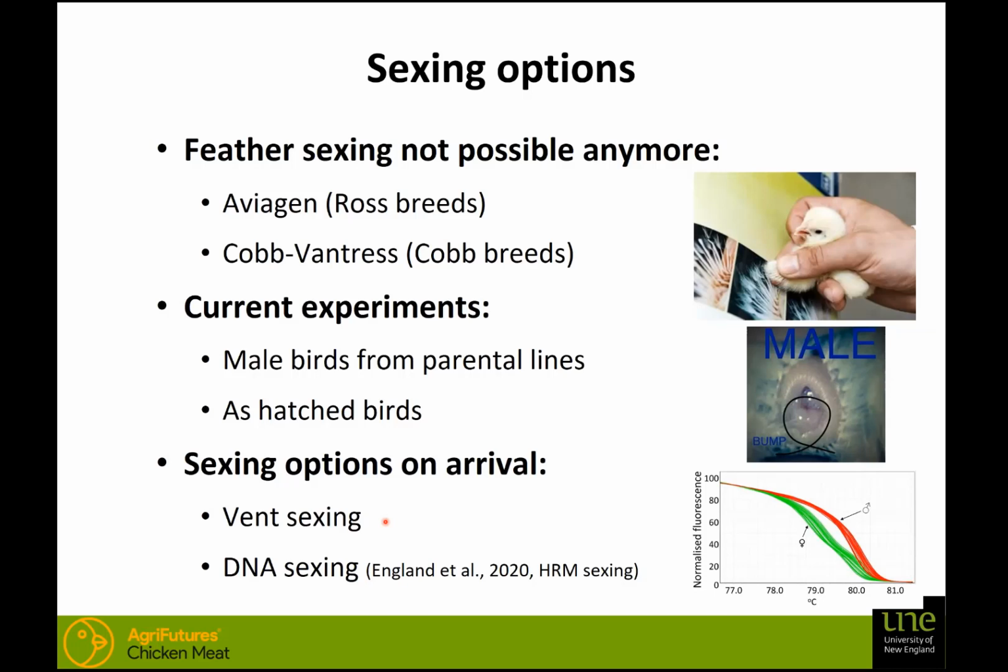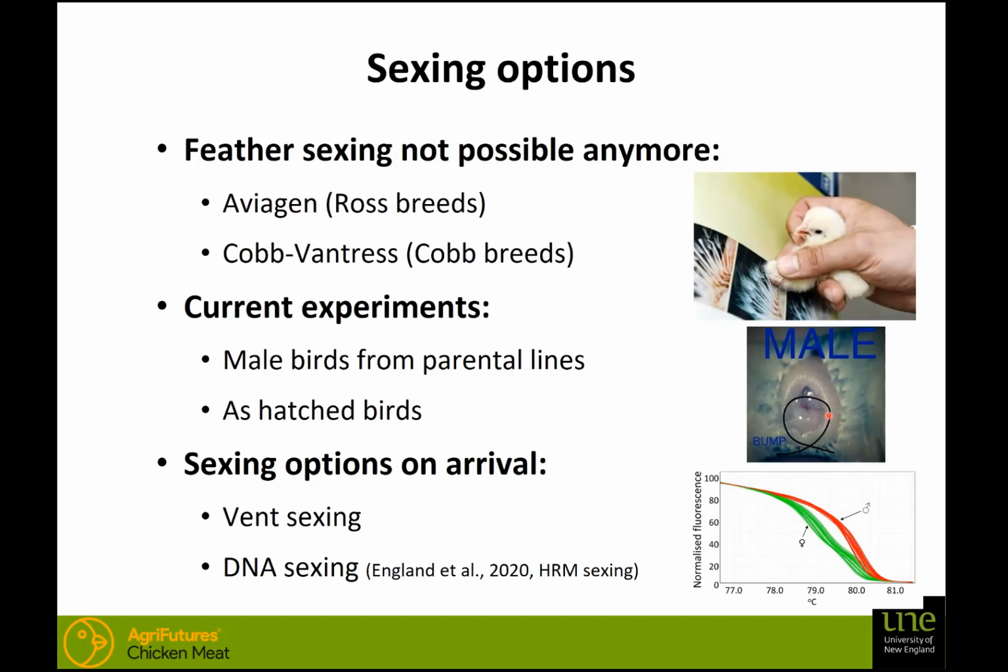For the sexing itself, if we cannot do feather sexing, probably all of you know there's a vent sexing option. But for this one, we need an experienced sexer to do it. As shown here, you can see it, but it's hard for a lay person to do.